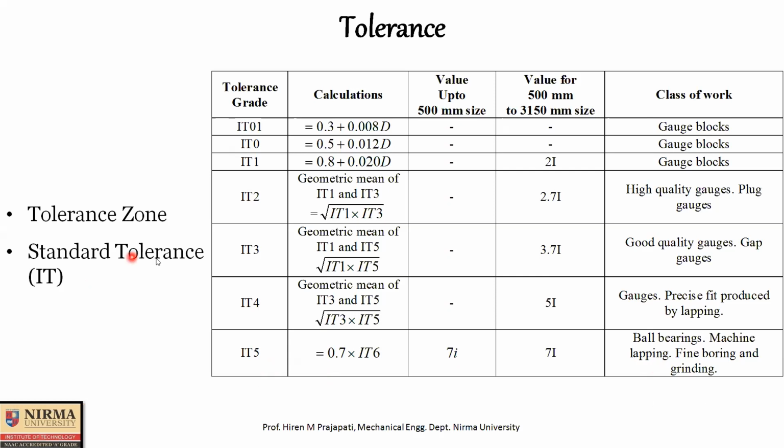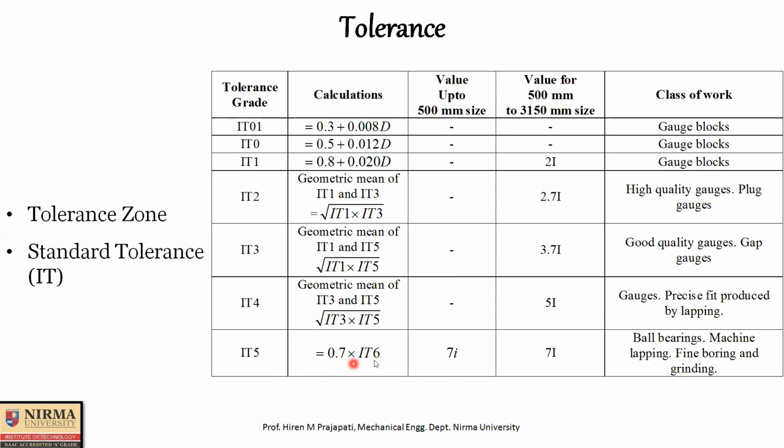So standard tolerance, that is IT grade. So these are the different grades, and these are the equations to find out tolerance value actually. So IT5 could be found by this equation, 0.7 times IT6, and here you can see two columns. These two columns are indicating two different equations actually. IT5 is equal to 0.7 into IT6.